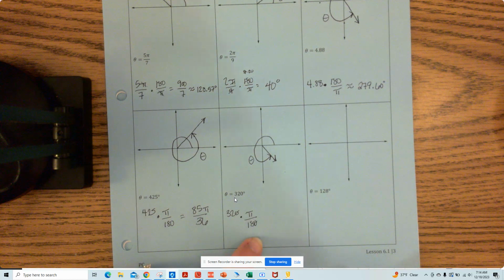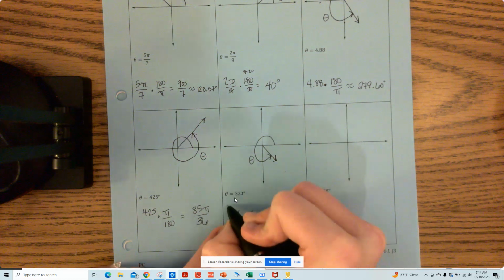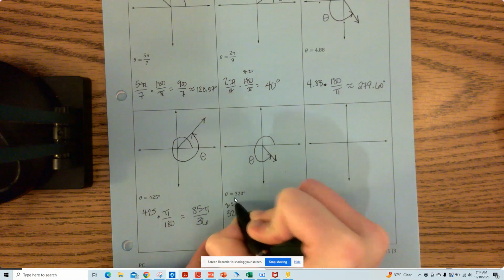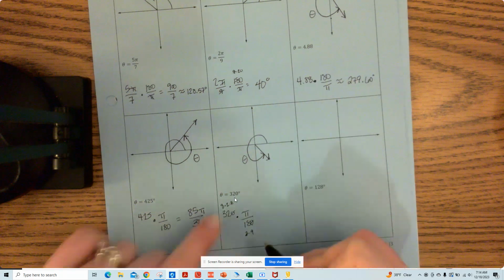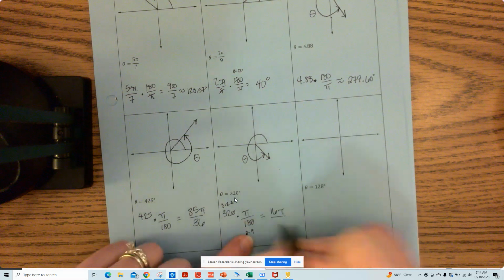That's 18 times 10. Okay, and then 32, I could do 8 times 4, or 8 times 2 times 2, and 180 would be 2 times 9. So this 2 and this 2 would cancel. 8 times 2 times pi is 16 pi over 9.